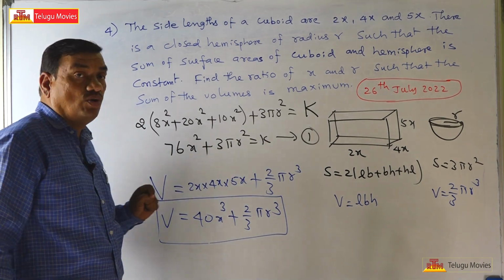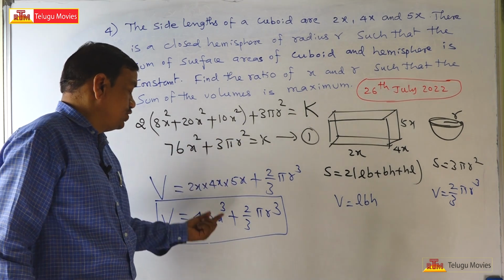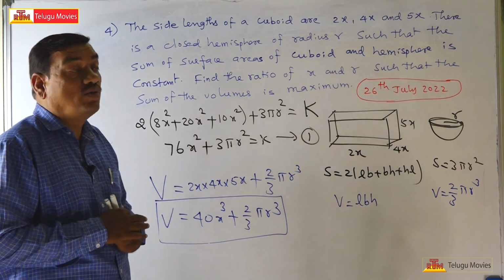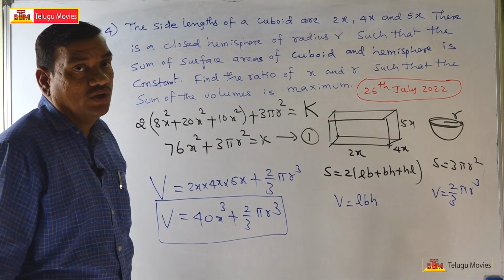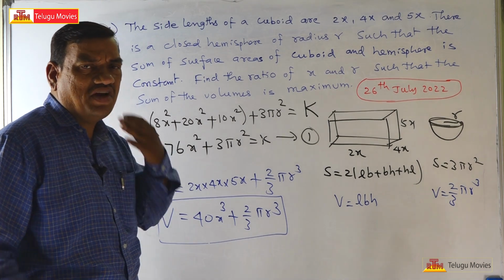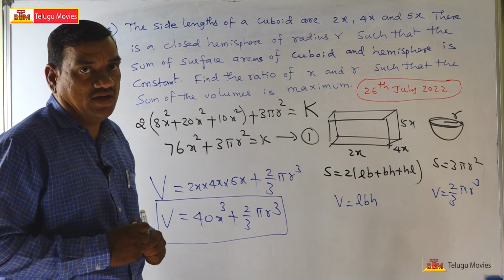Is it possible to write the x value in terms of r and substitute here, getting a very big expression? For that you have to maximize, that means find the derivative. Finding the derivative and again the second derivative is very, very difficult. So here you have to think in a logical way.